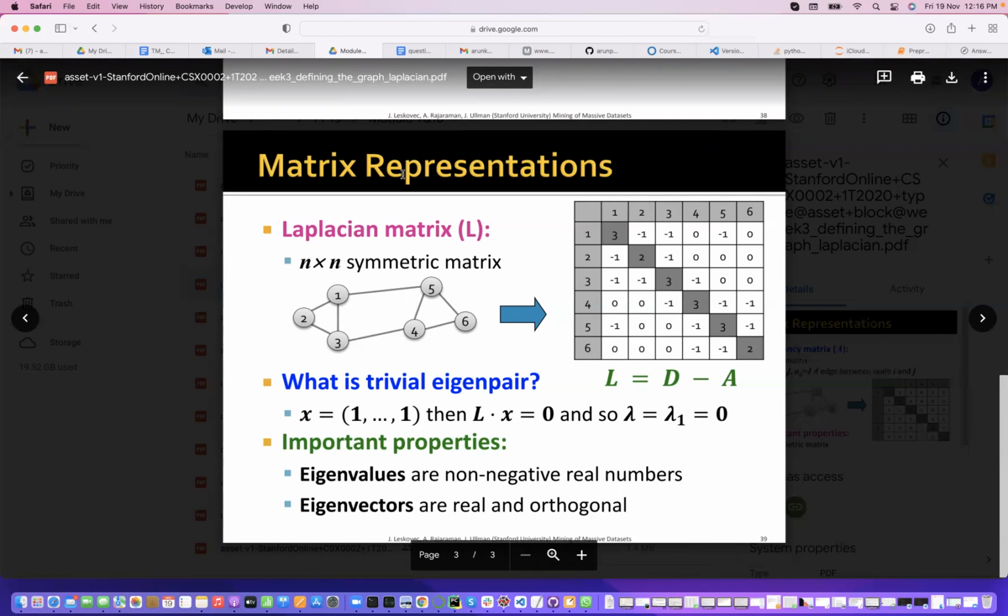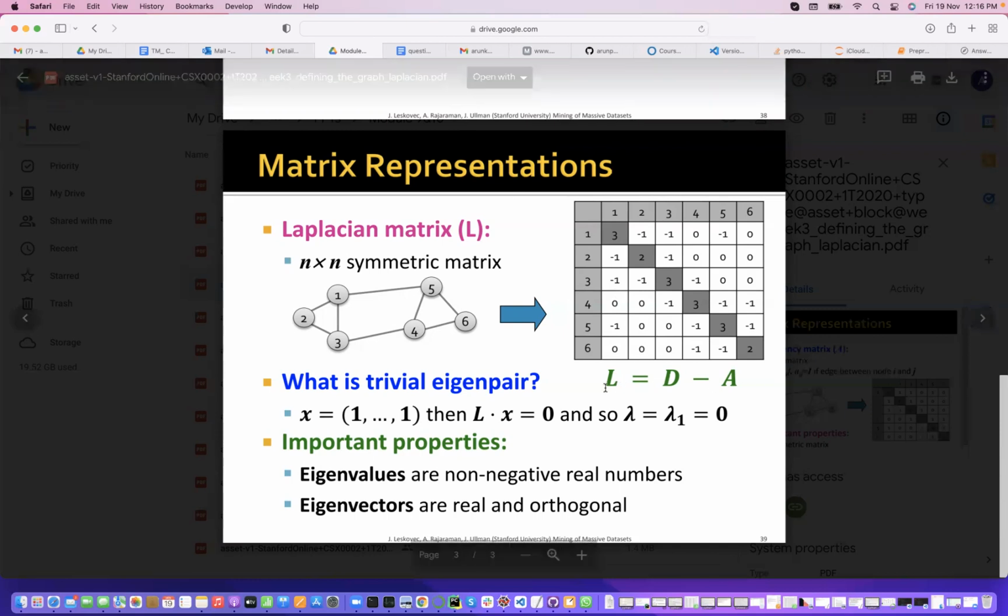So we are finding our eigenvalues for the trivial eigenpair for L. So Lx equal to 0x. Anyway, you are multiplying with 0, so this 0x also will become 0.